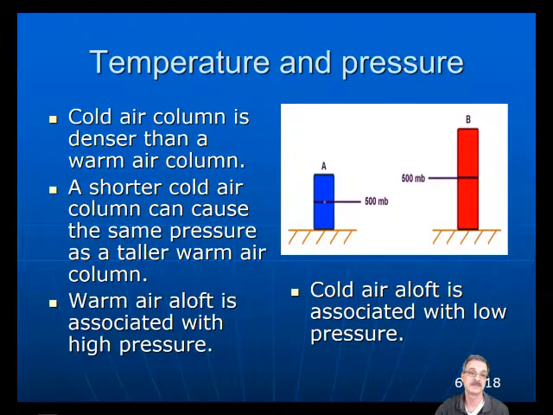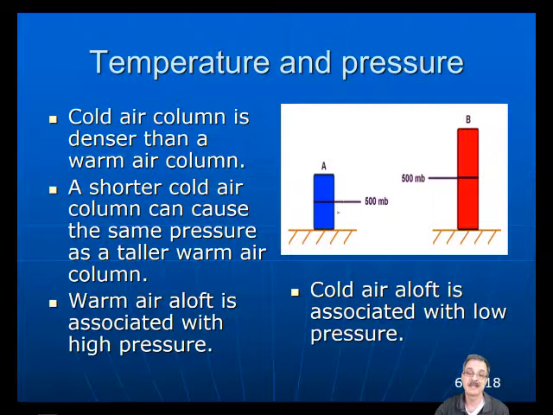This is what happens. The cold air column is denser than a warmer air column, so the air molecules take up less space now. A shorter cold air column can cause the same pressure as the taller air column at the ground, because you still have the same number of air molecules in A as in B, so you have the same weight for each air column.